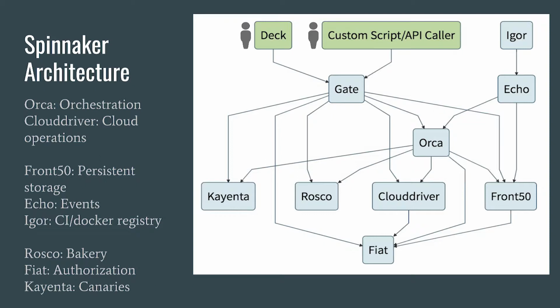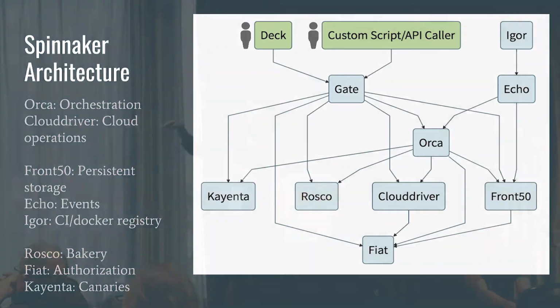Rosco is the bakery. It's based on Packer. And then Kayenta is the canary analysis tool, which there have been a bunch of other talks about. To run Kayenta, you don't need Spinnaker, but it uses Orca as the way it orchestrates, but a separate Orca. So there's a summary of all that on the side too.